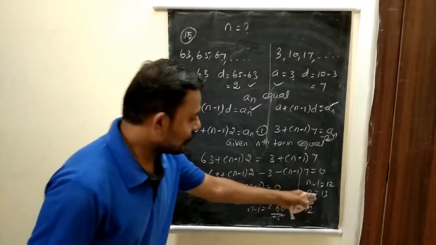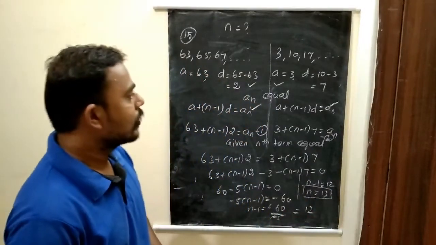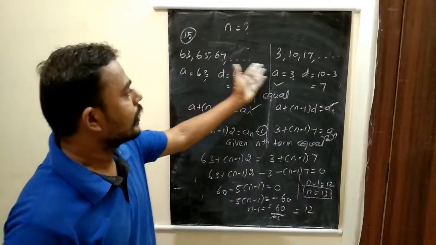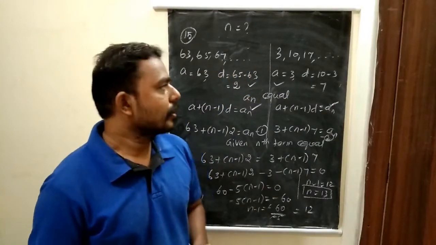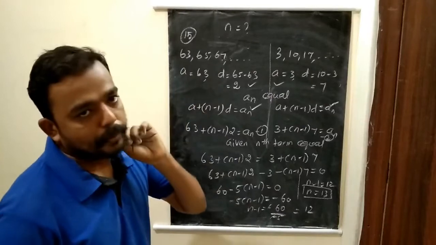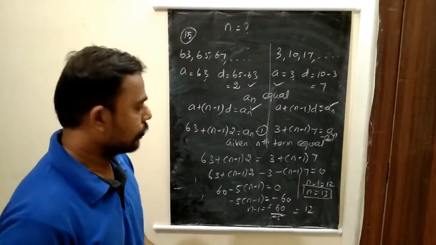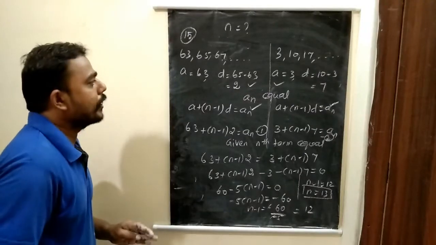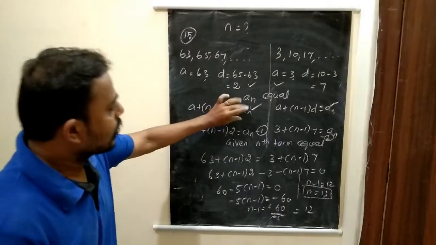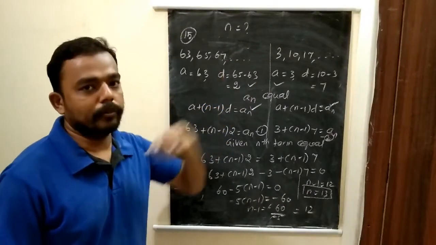So the 13th term is going to meet. A13 is going to meet. So this is the answer. You can check the number also. Definitely it is going to meet at the 13th term. So the idea is, consider the last term as the equal number.